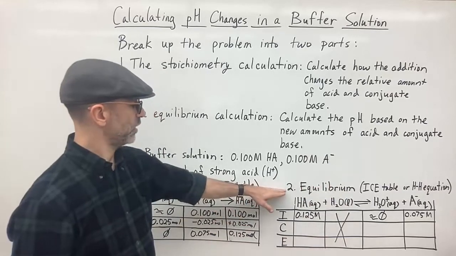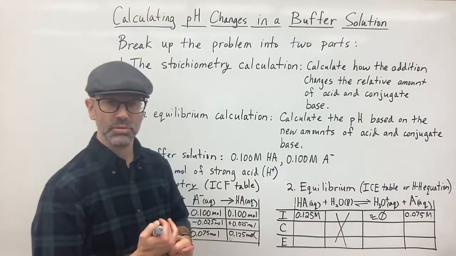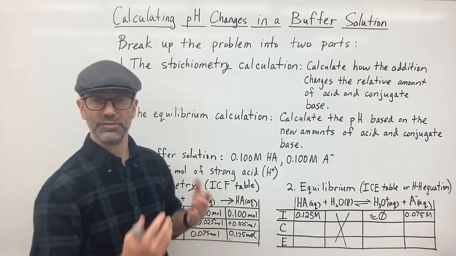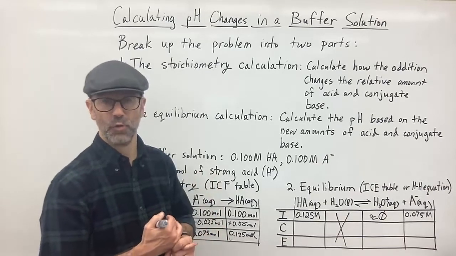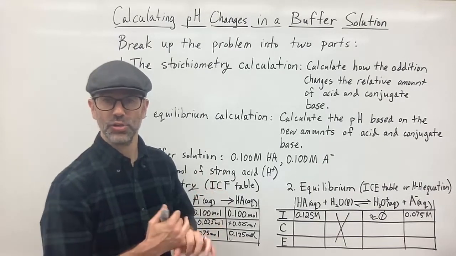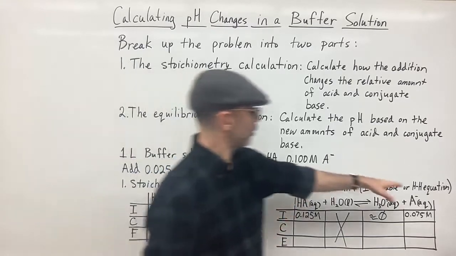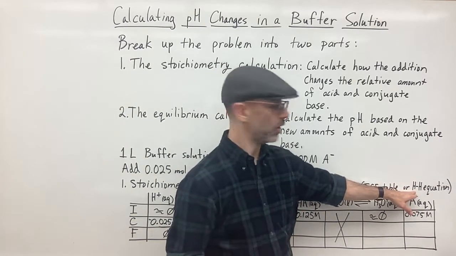So when you're doing the equilibrium problem, you can either do an ice table and do the X is too small approximation and see if that works, or if not, you could use the quadratic formula or do the method of successive approximations, or you can do the Henderson-Hasselbalch equation, HH equation for short.